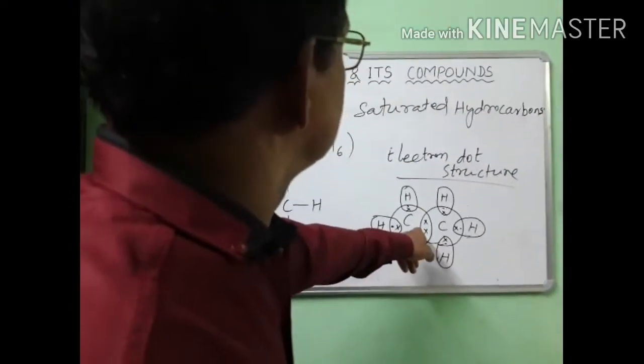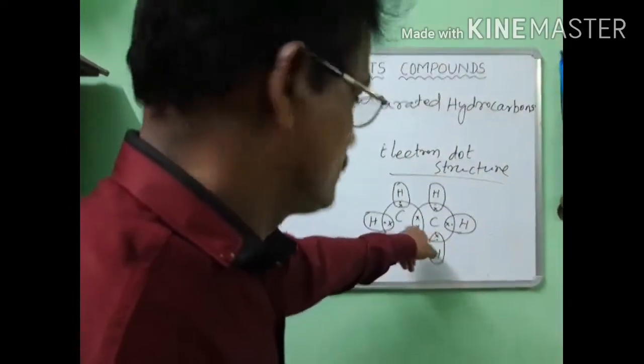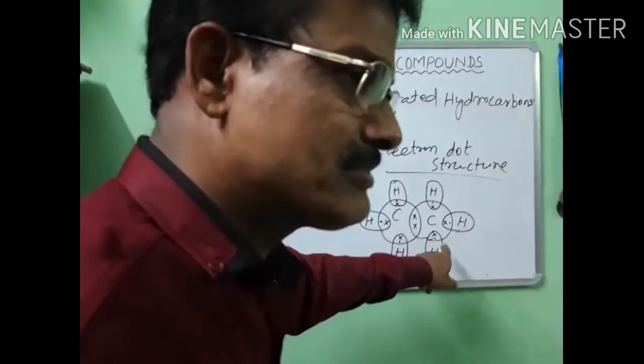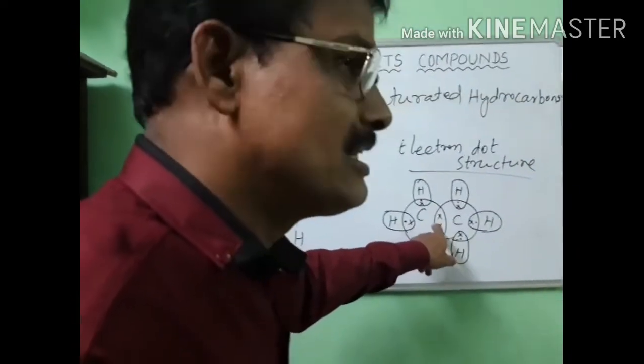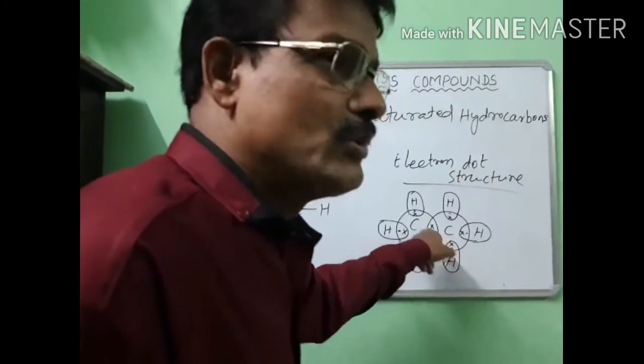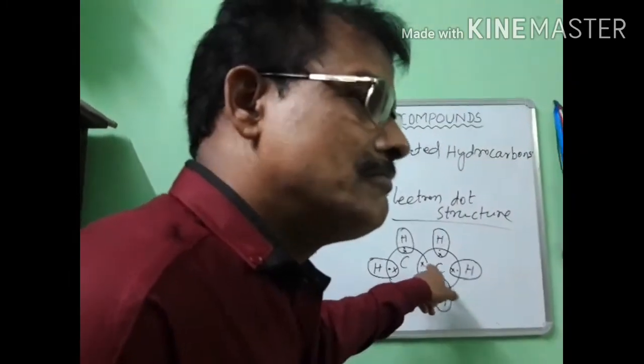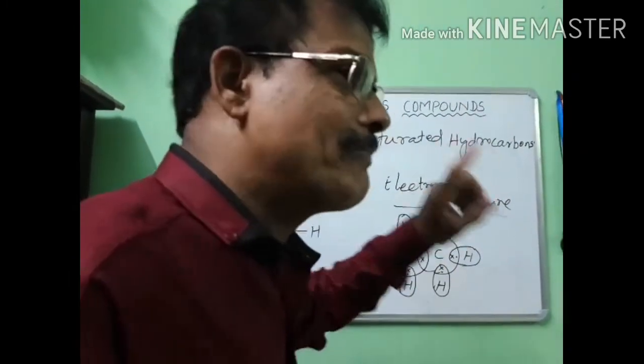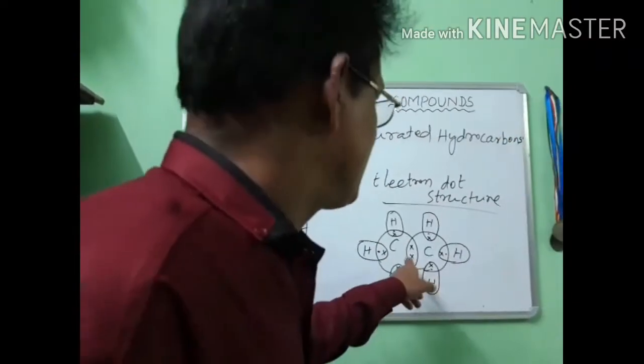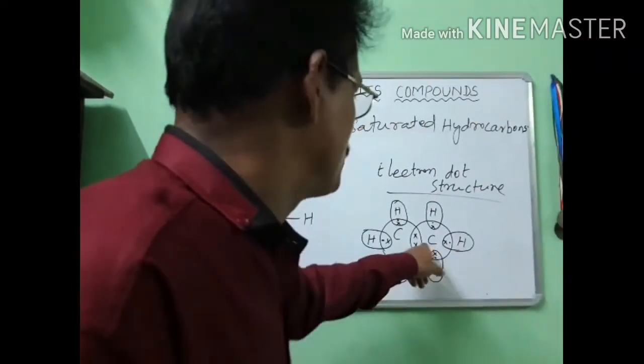Here two carbon atoms make a single bond between them by sharing a single pair of electrons between them. Clear?